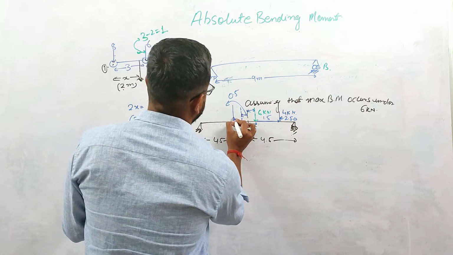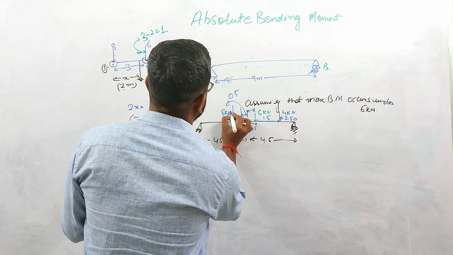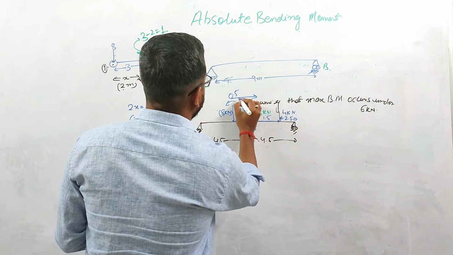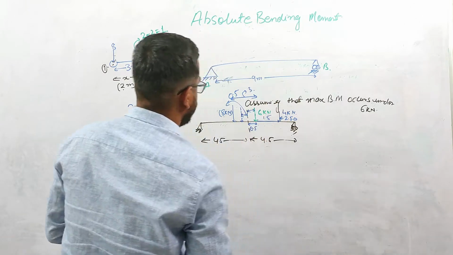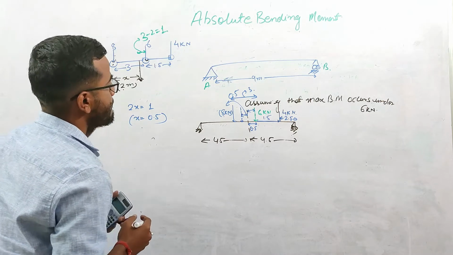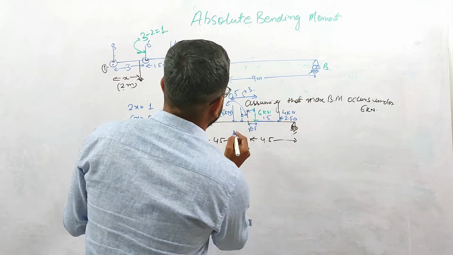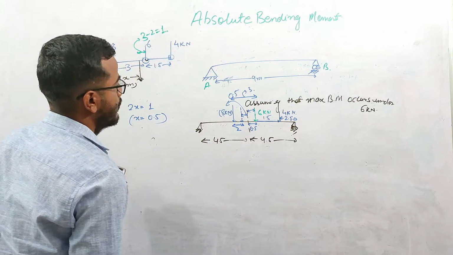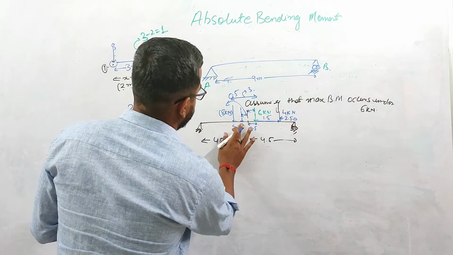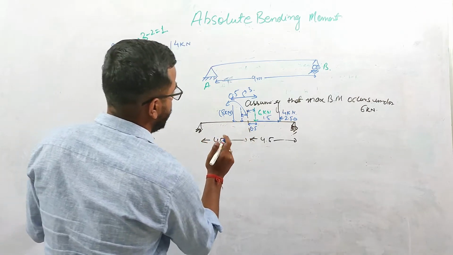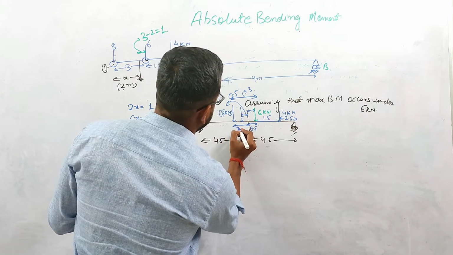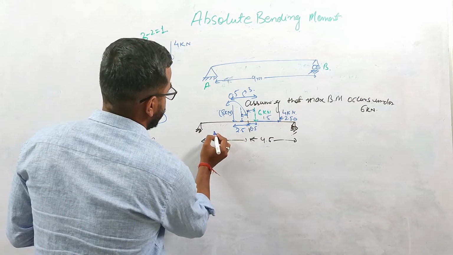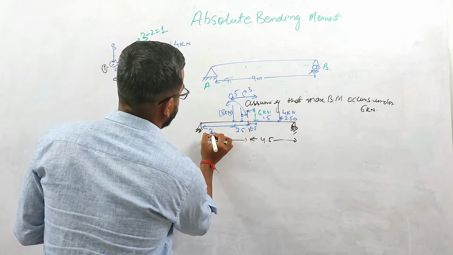So somewhere here the 8 kilonewton load will act, and the distance between the 8 kilonewton load and the 6 kilonewton load is 3 meter. If this is 3 meter, this distance will be 2 meter. And from the center, this is 2.5, then this distance will be 2 meter.